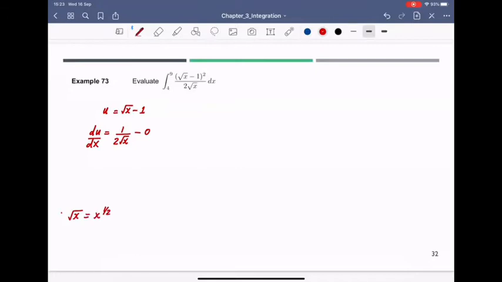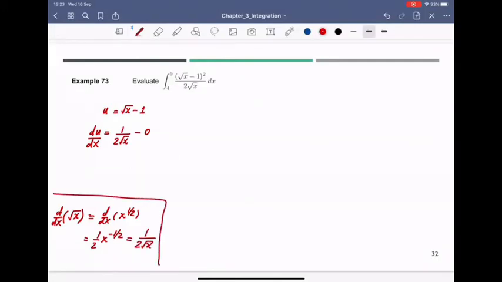Its derivative is 1/2 x to the negative 1/2, which is 1 over 2 square root x. We use this all the time, so I just memorize it. When I see square root x, I get the answer automatically.